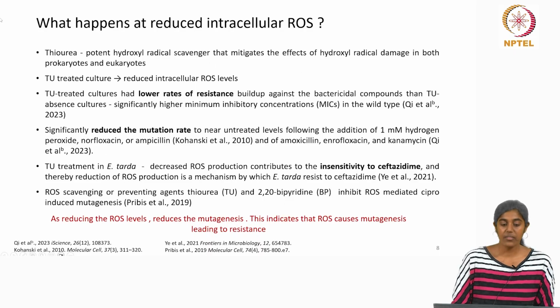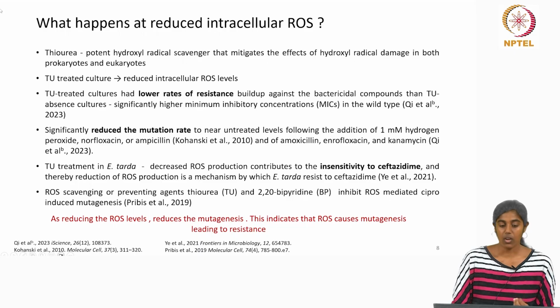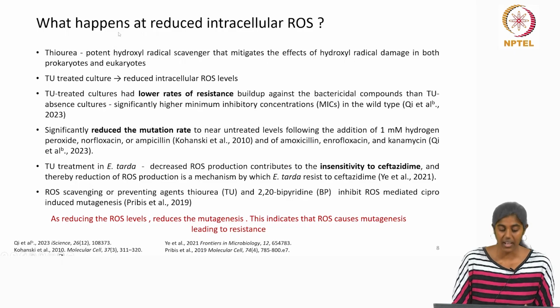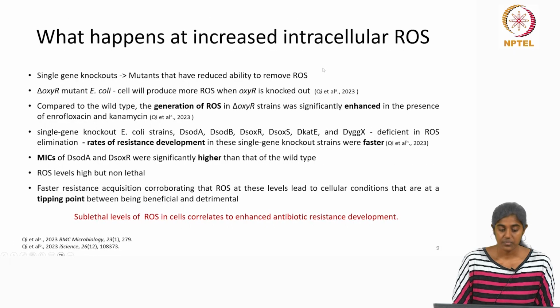What happens if we reduce this intracellular ROS? Certain radical scavenging agents such as thiourea and bipyridine have been added to the cell lines to study this, and lower rates of resistance and reduced mutation rates have been observed. This reinforces the fact that increased ROS levels lead to mutations.